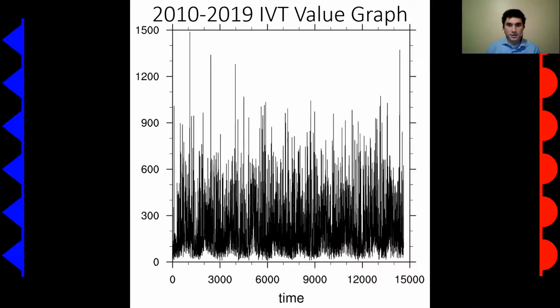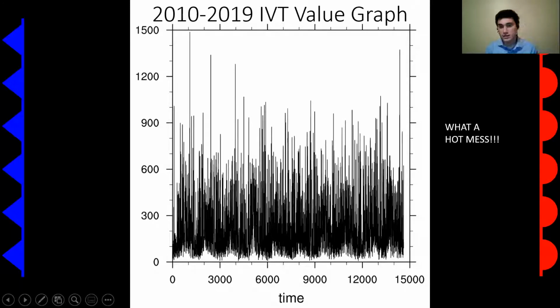So this is a 2010 to 2019 IVT value graph. Basically, we took my region that I was looking at and calculated IVT values. And to put it quite simply, this is a hot mess. I cannot get anything but maybe 4 high-level IVT events up here. That's pretty much it.